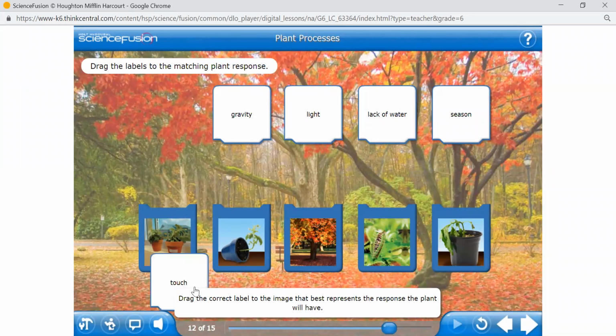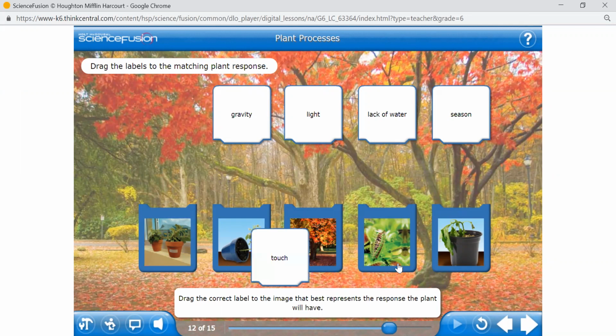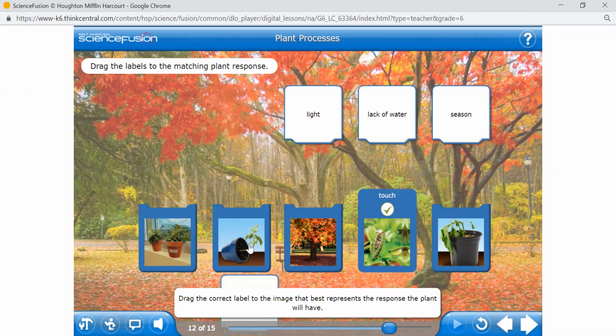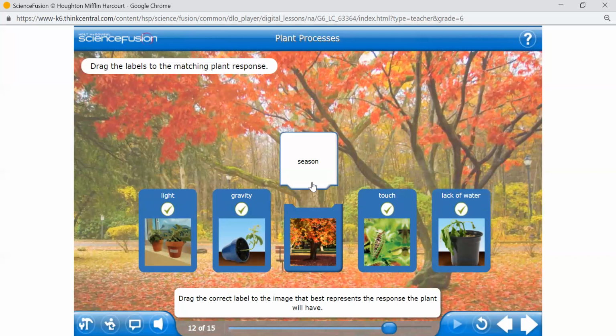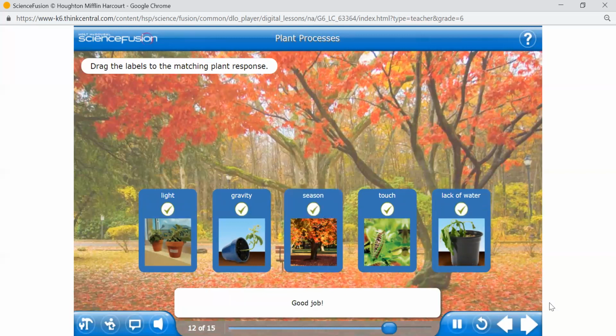I think this is the fourth one. By gravity, it's the second one. By light, it is the first one. Lack of water, the plant becomes this way, and season will change the color of the plant. Good job.